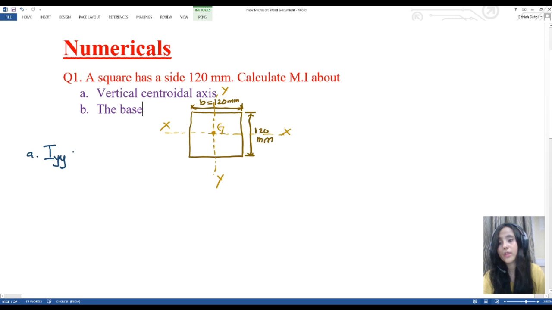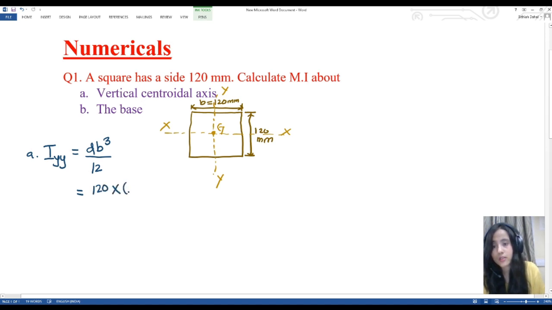And what will be I, Y, Y? Moment of inertia for a square section will be equal to d b cube by 12, right? So how much is my D? D will be equal to 120, B is 120 again, cube by 12, right?